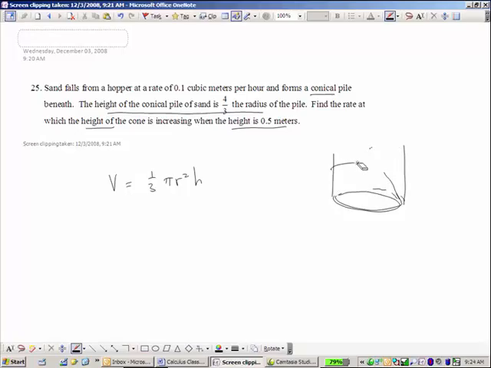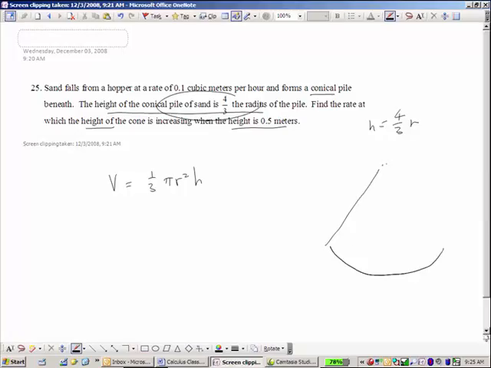Okay, so we actually know this relationship, which we thought was going to be helpful. h is equal to 4/3 r. Now, Gesundheit. We don't need to know it in this problem, but there are problems that I've seen where, when you look at a cone, do you agree this is r and this is h?